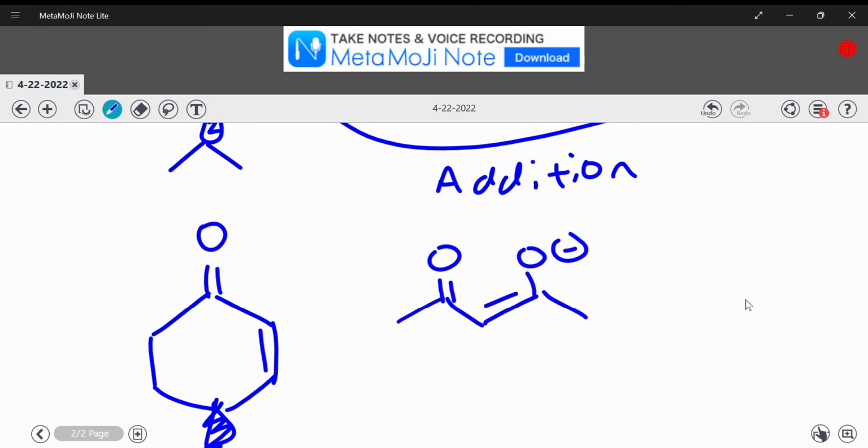And this carbon right here is essentially going to attack this one right here. So 1,4, attack the meta. So meta addition, 1,4 addition. Alright? And then our electrons are going to move up.